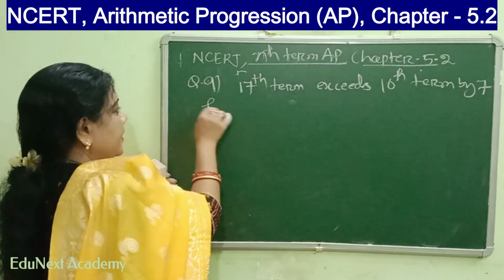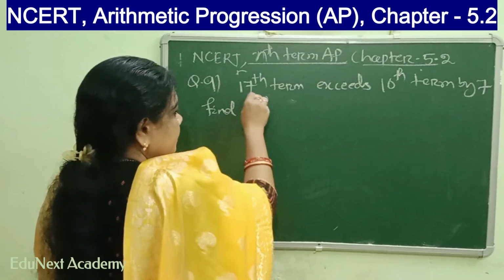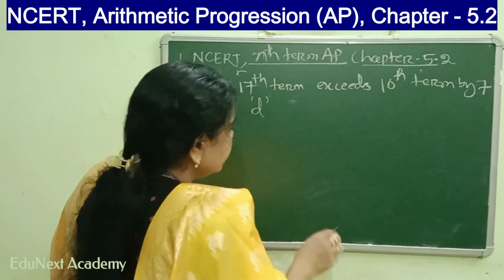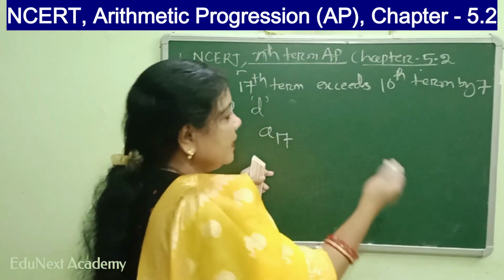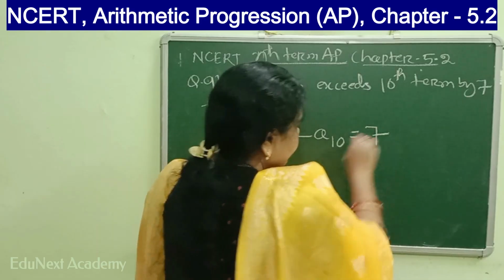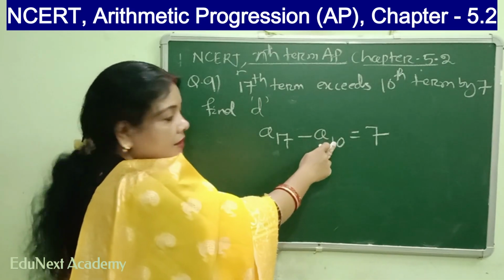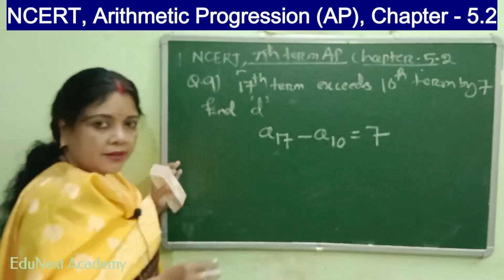Find d, the common difference. So now that means the 17th term exceeds a10 by 7, that is, a17 minus a10 is equal to 7. Exceed means more than the 10th term.